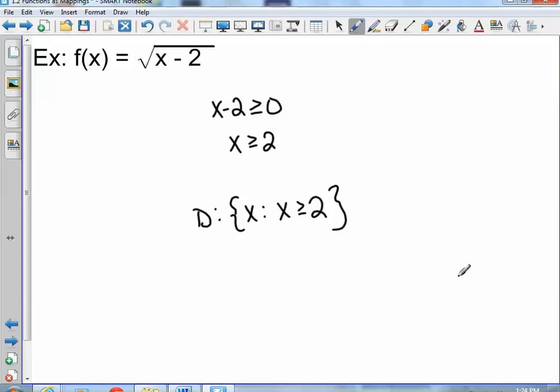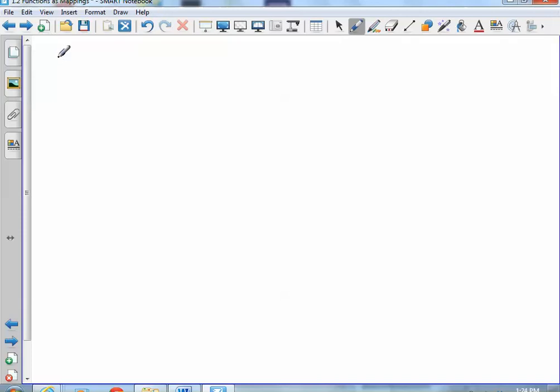What if, okay, put in something more challenging here. Let's say f of x equals the square root of x squared plus 5x plus 6.